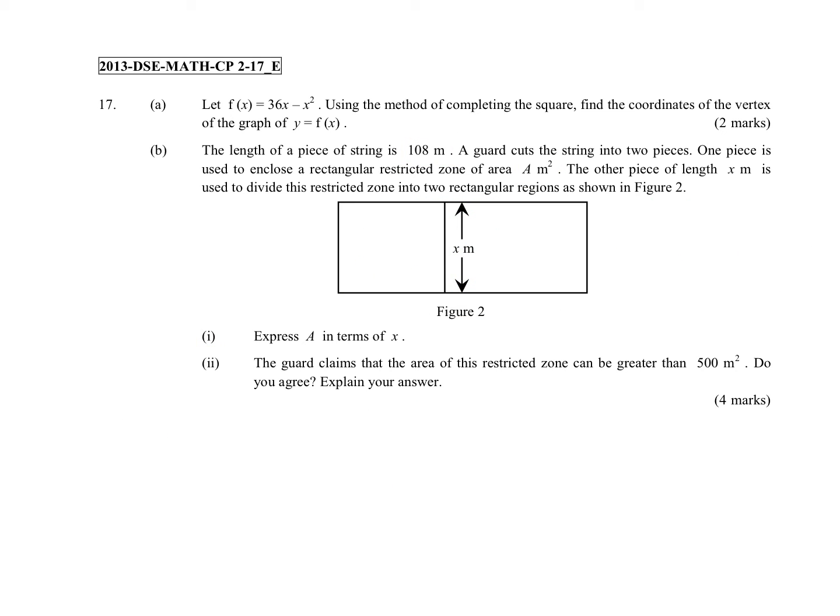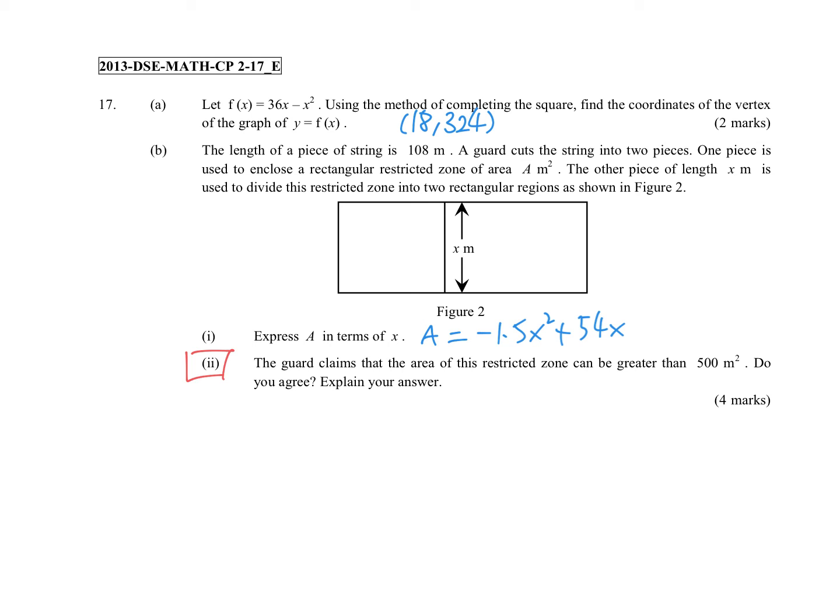So finally part B2. Part A's answer would be 18, 324. And for B1, A would be negative 1.5x squared plus 54x. The guard claims that the area of this restricted zone can be greater than 500 meters squared. So that is about the area.